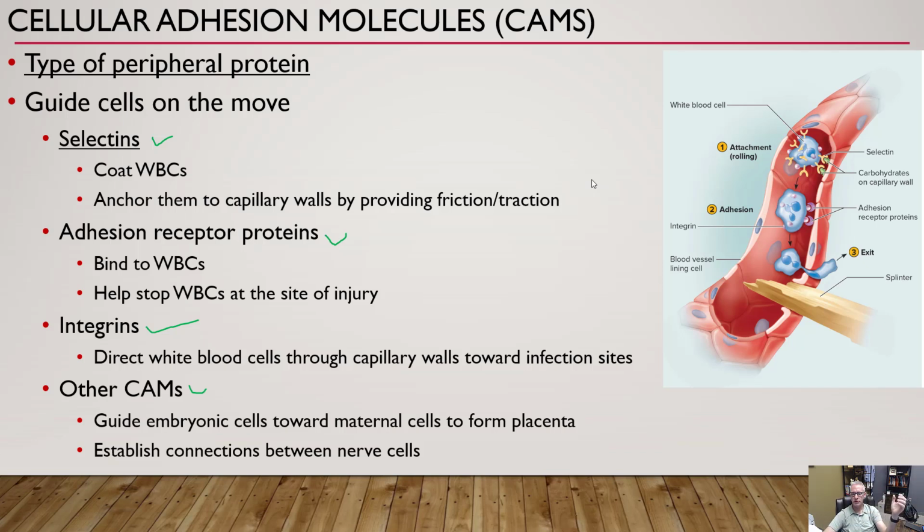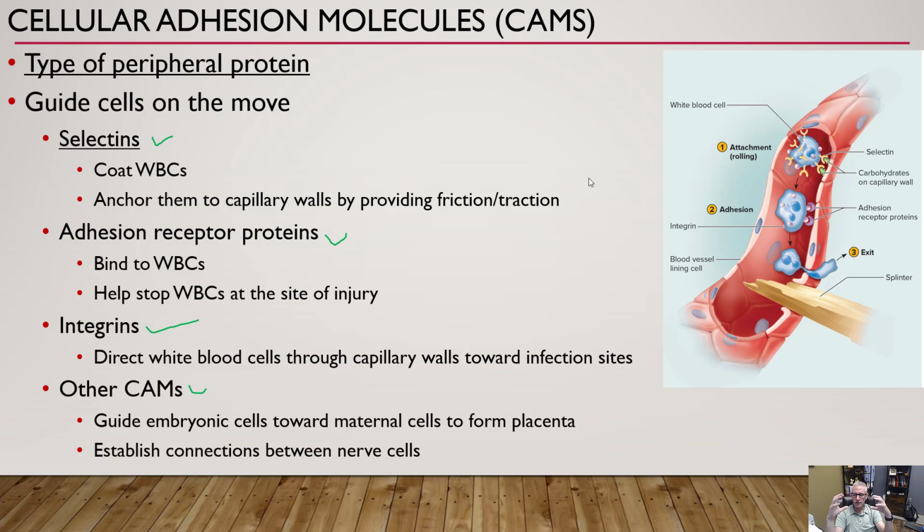Once a splinter gets into your hand, a bunch of things are going to start to happen. We're not going to go into what really happens now, but we're going to see clotting blood, bacteria, and decaying tissue at this injury site. And that's going to release a lot of biochemicals, these things called chemoattractants, that attract the white blood cells to this infection site in your finger.